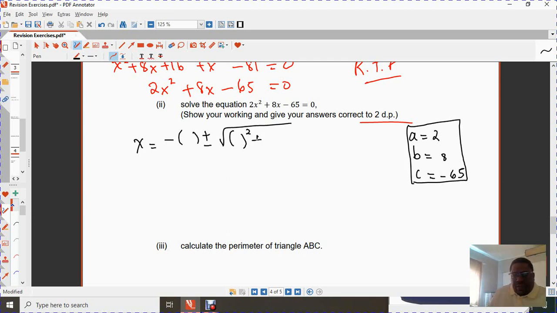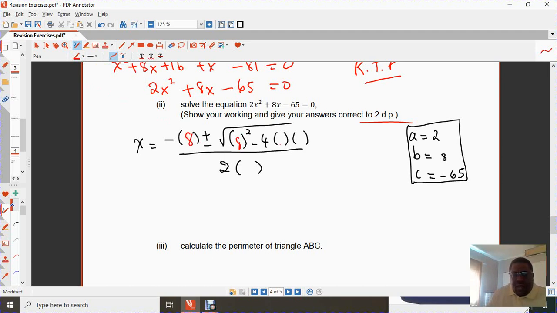Okay, let's just quickly correct that. So this is going to be minus b plus or minus the square root of b squared minus 4ac, everything over 2a. Right. See how I use my brackets there, and I'm just going to punch in the values. That is 8.